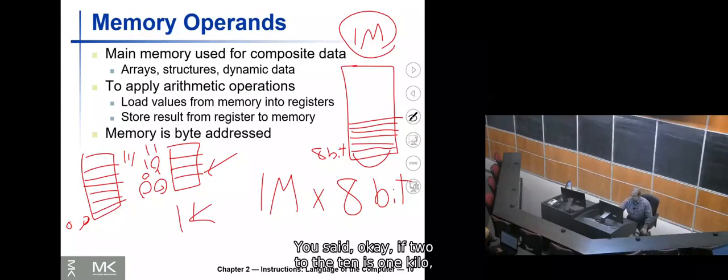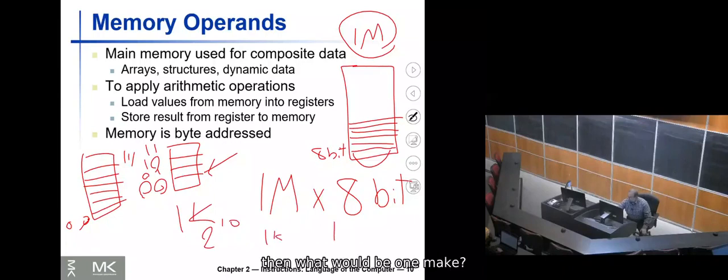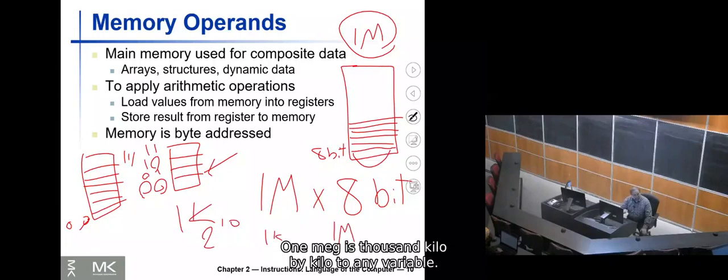Okay. If 2 to the 10 is 1 kilo, then what would be 1 meg? 1 meg is 1000 kilo by kilo. 20. Very good. So this memory needs 20 address bits to show every location of the memory.